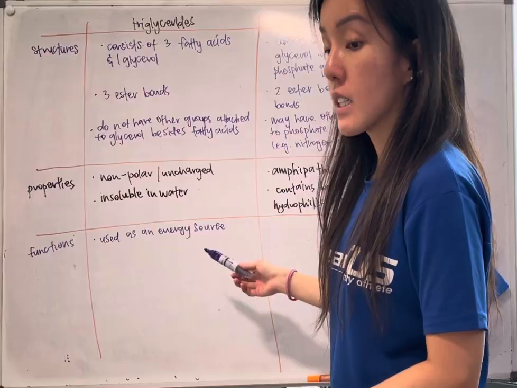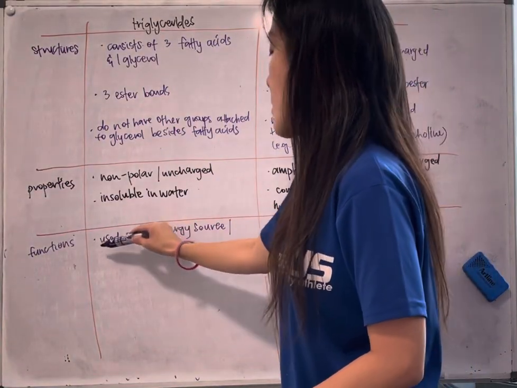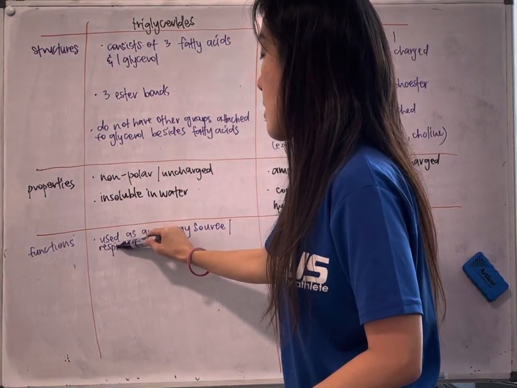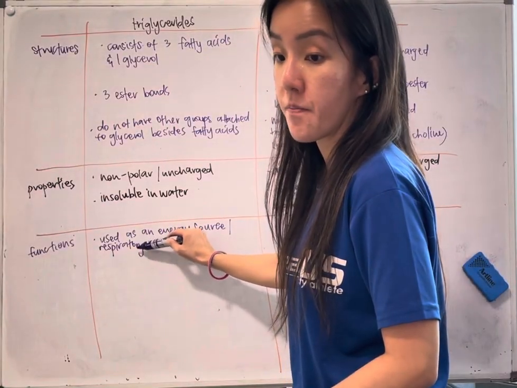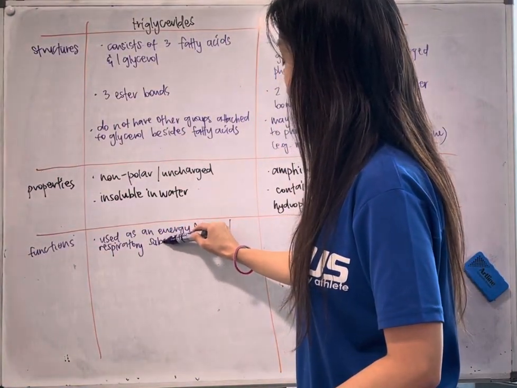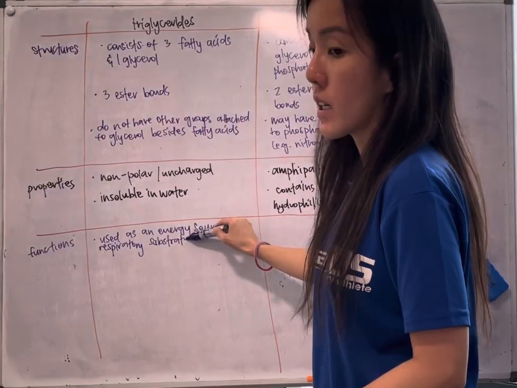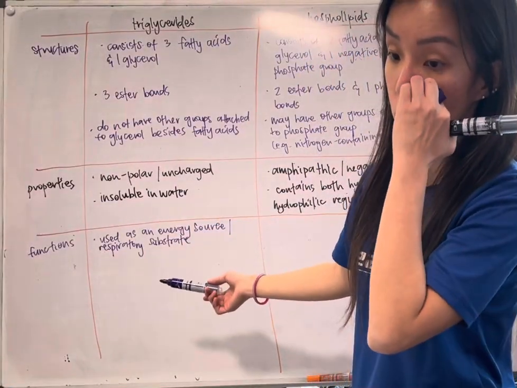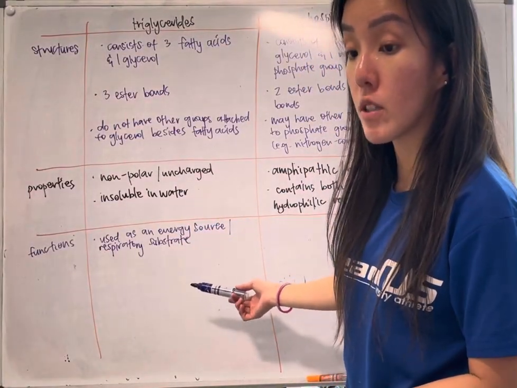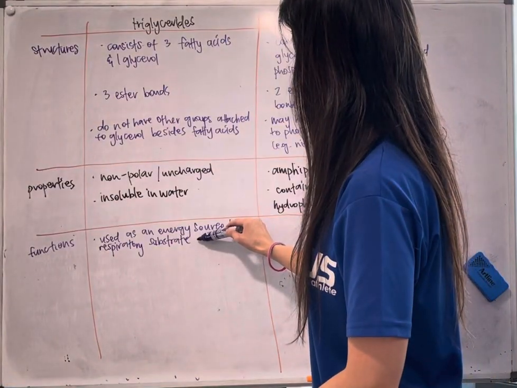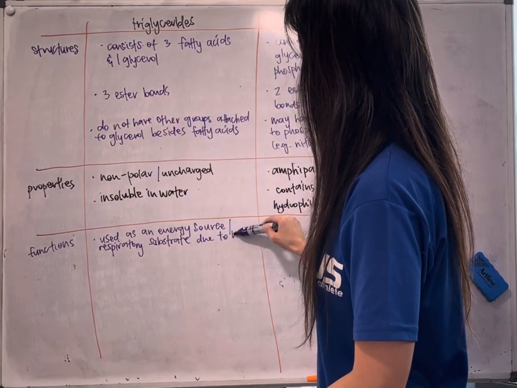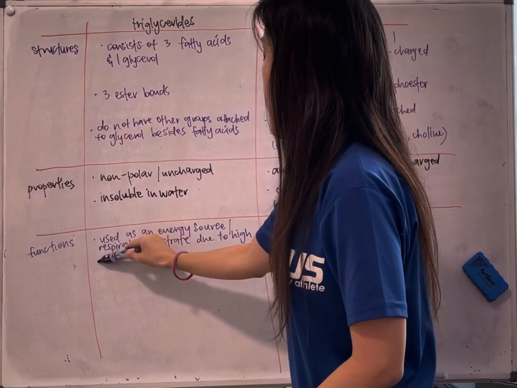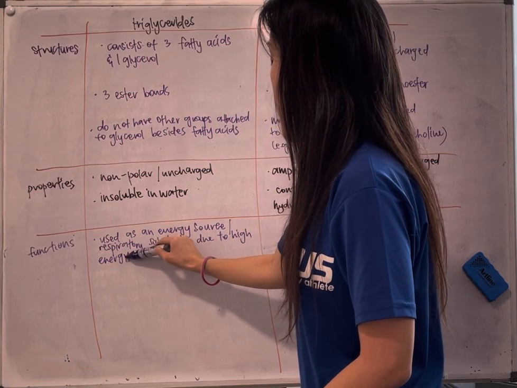Some of them can be used as respiratory substrate. The reason why it can be used as respiratory substrate, you should know, is it has very high energy per unit mass compared to carbohydrates.